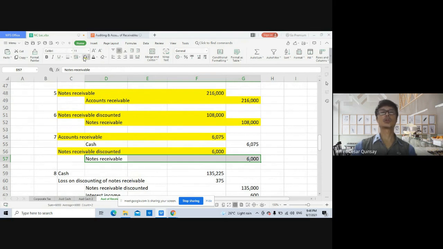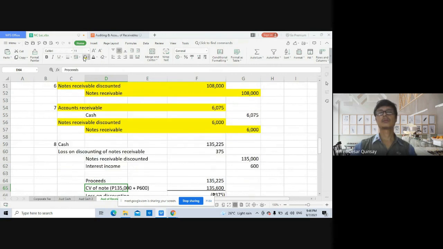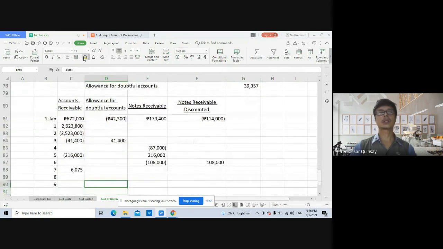So, ito yung na-dishonor na note, no? Okay. So, ilalagay natin dito. Okay. So, this would be 6,000. Ka-debit siya and credit for notes receivable for 6,000.